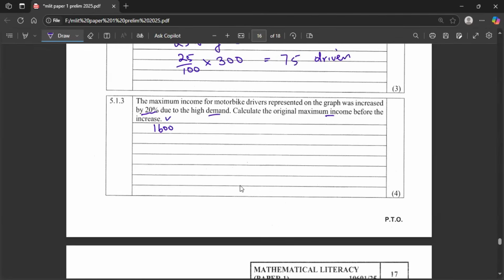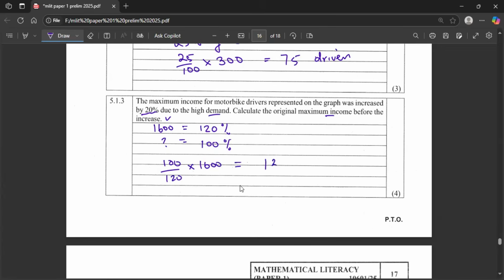So meaning that this 1.6 is representing 120%. So how much is 100%? It should be slightly smaller. So I'll say 100 divided by 120 times 1.6.